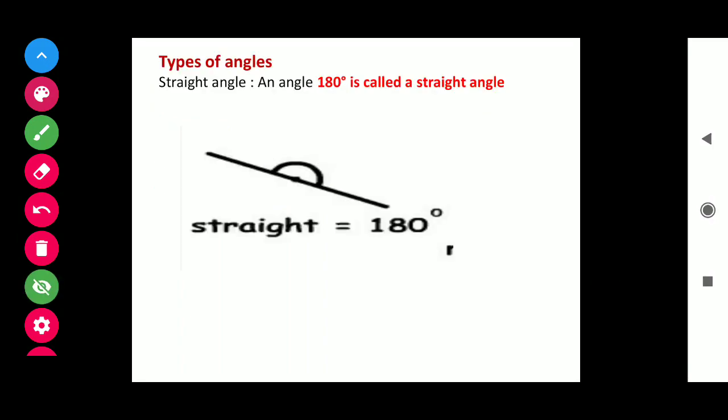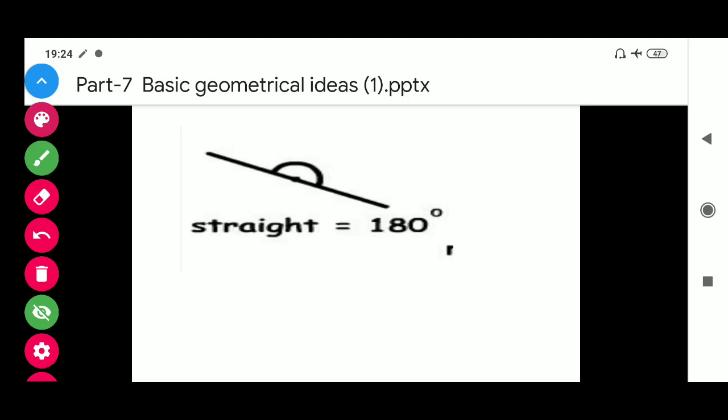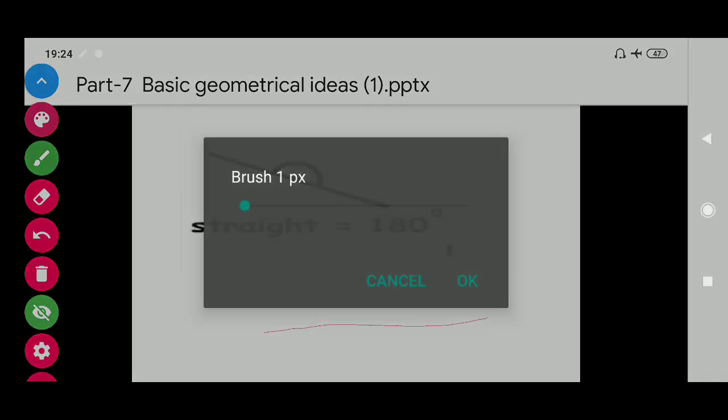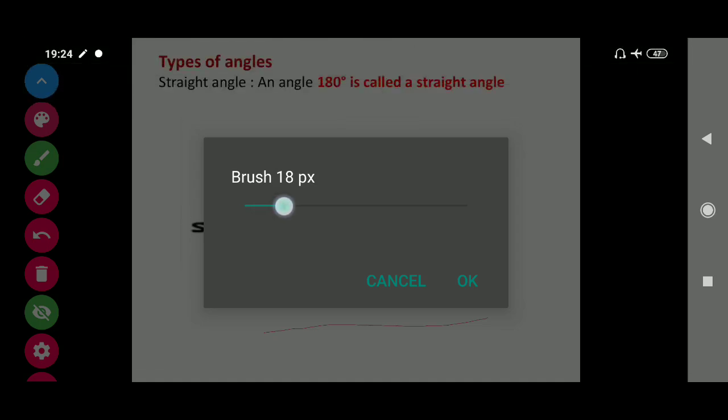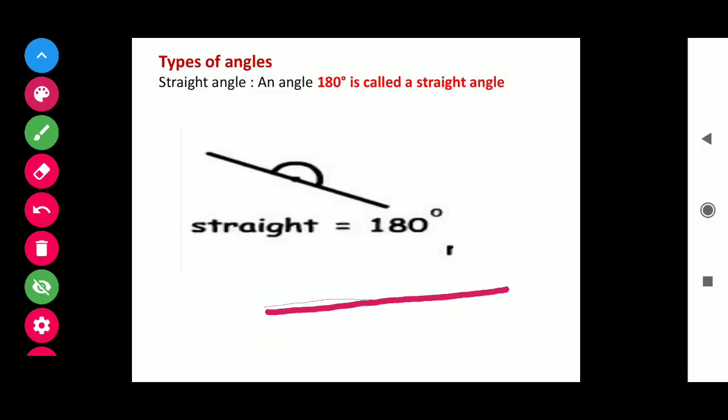The first one I have shown you here is the straight angle. An angle which is 180 degrees is called a straight angle.